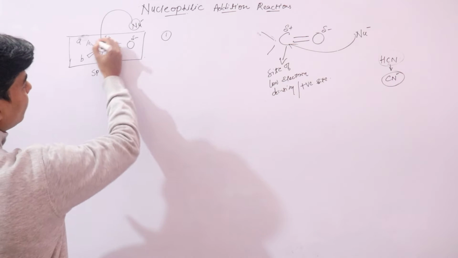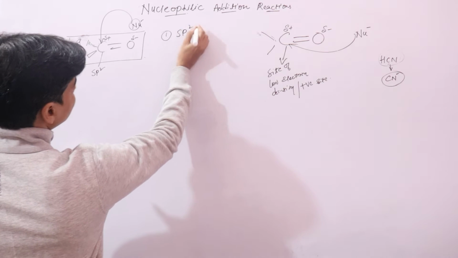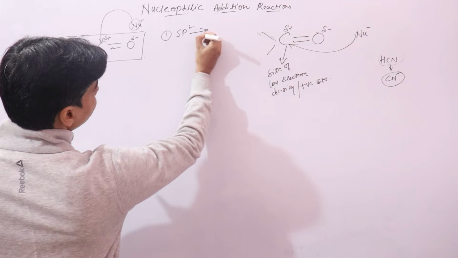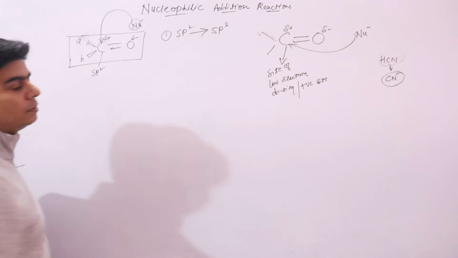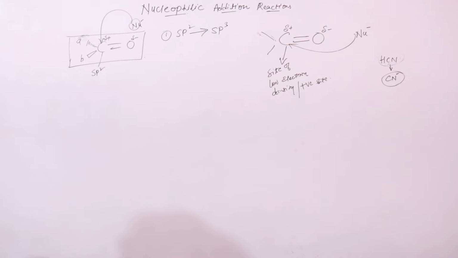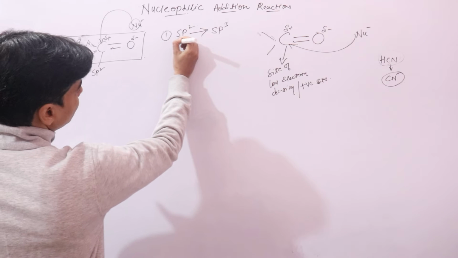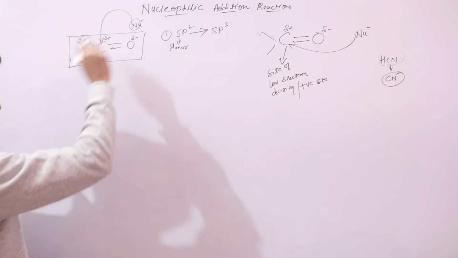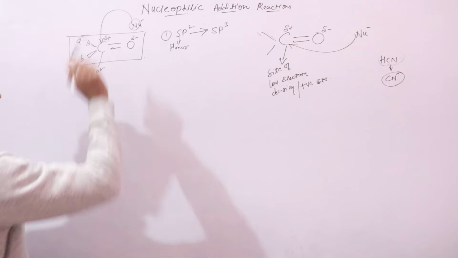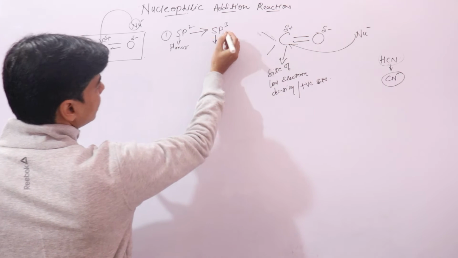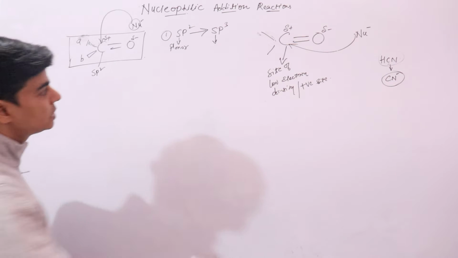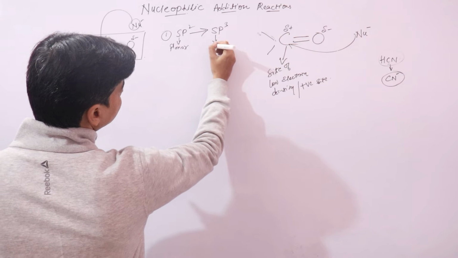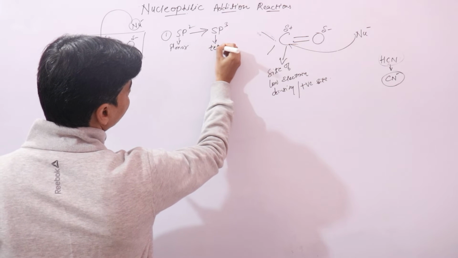Now when the nucleophile attacks it, the hybridization of this carbon will change from sp2 to sp3. That means sp2 means planar, before the attack of the nucleophile, and now when it changes to sp3, it will change to tetrahedral.